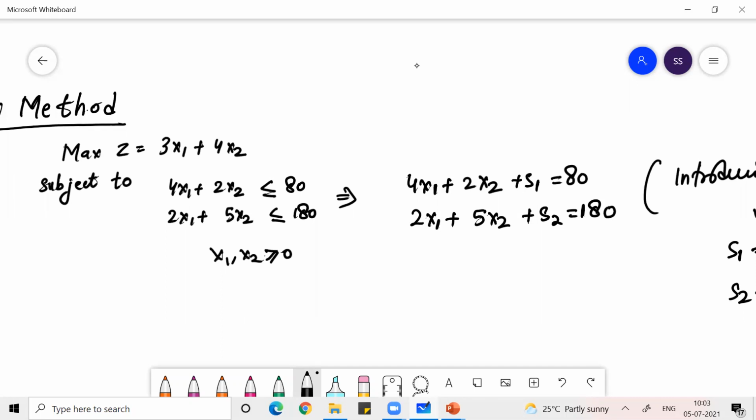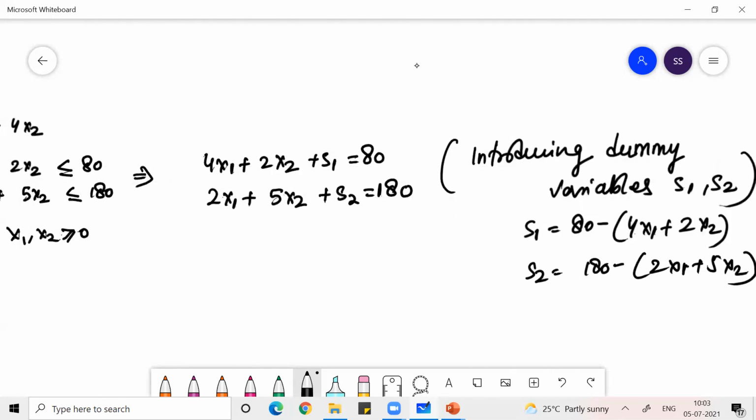In case 4x1 plus 2x2 is less than 80, then S1 is 80 minus (4x1 plus 2x2), so that it becomes equal to 80. And if 4x1 plus 2x2 is equal to 80, then S1 is 0. I hope you understand.